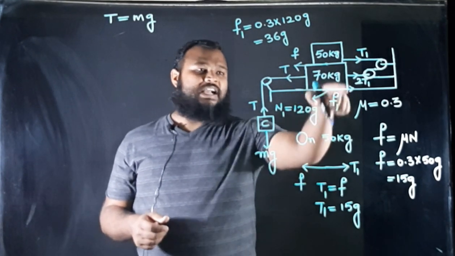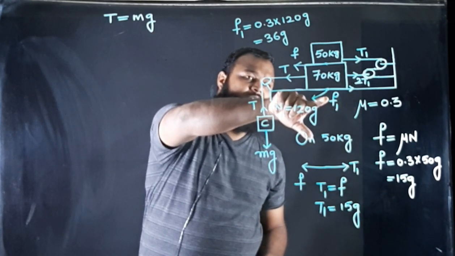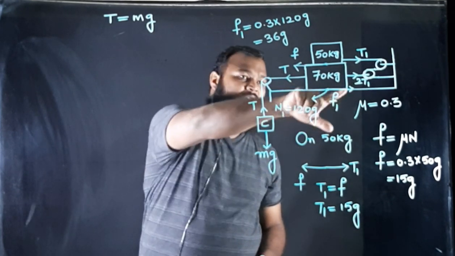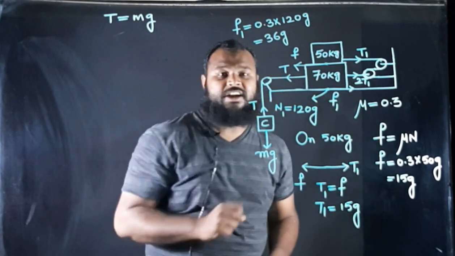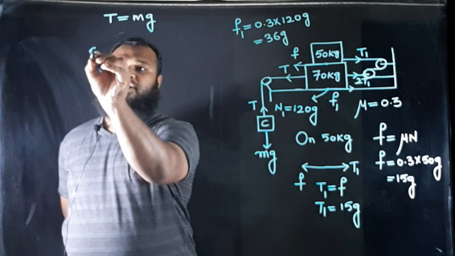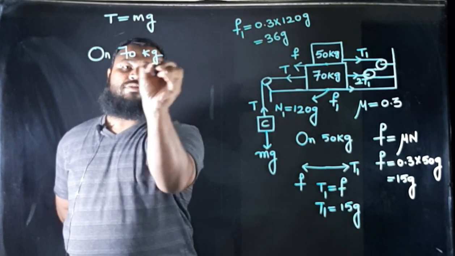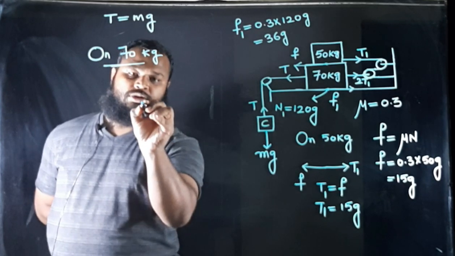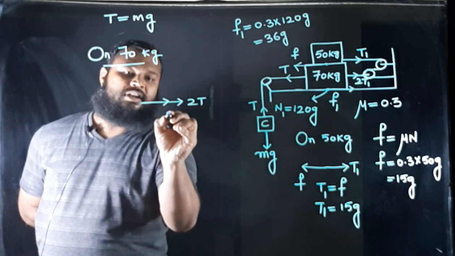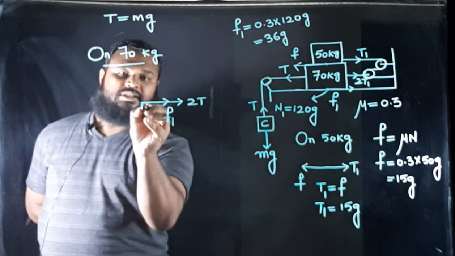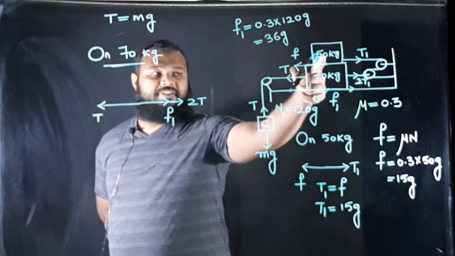So what are the forces acting on 70 kg? See, the friction between ground and 70 kg is trying to oppose. Also there is 2T1, also there is T, and also friction between 50 and 70. So on 70 kg, 2T1 is in this direction and F1 in this direction, this T is towards left, and also there is friction between 50 and 70.